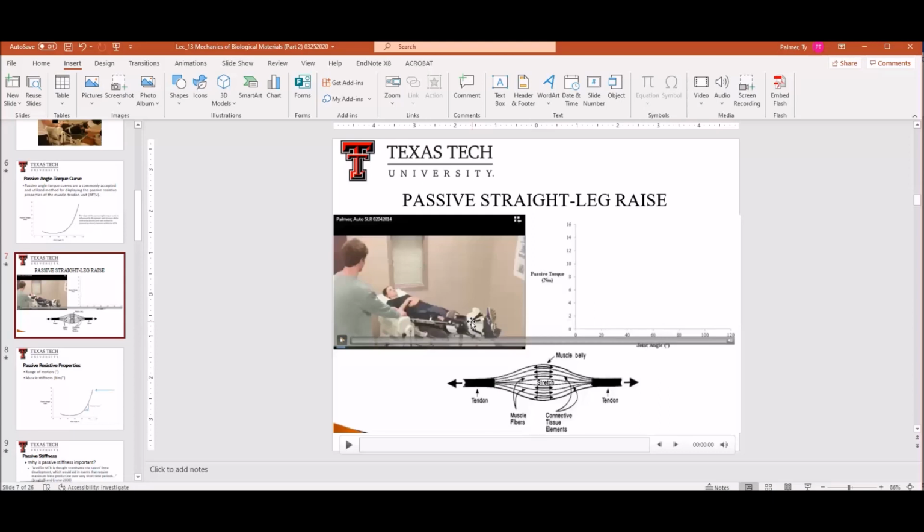Now finally, for this straight leg raise, what muscle group are we targeting here? What muscle group are we actually stretching? We're stretching the hamstrings. The hamstrings are the muscles in the back of the thigh. And so down below in the bottom, this is an example of a muscle tendon unit of the hamstrings. And watch as we stretch this muscle out further and further in the video.